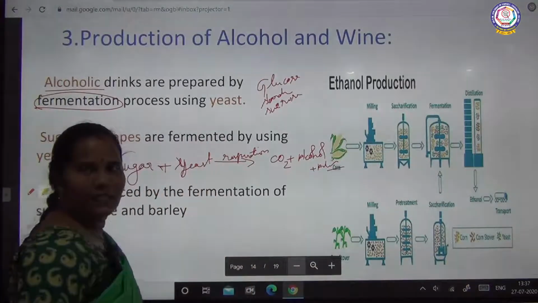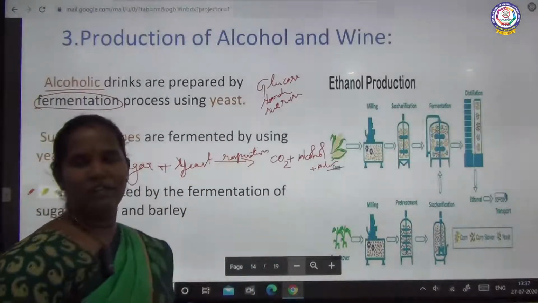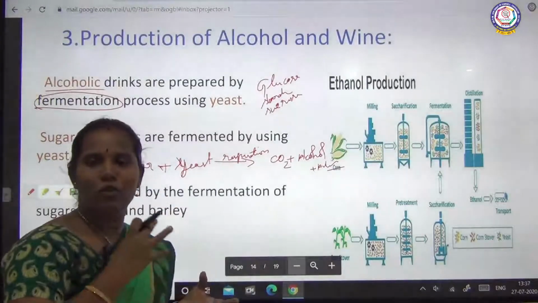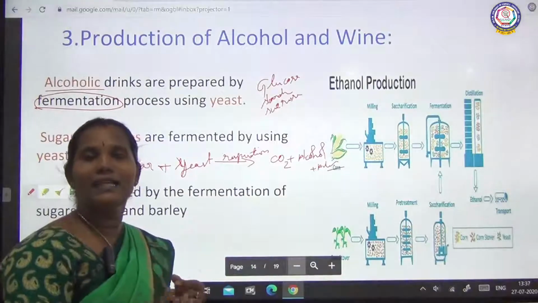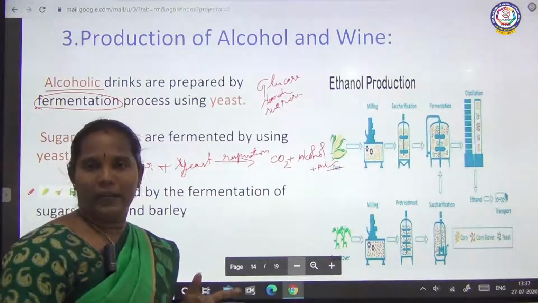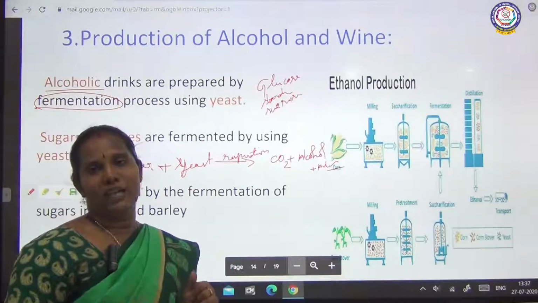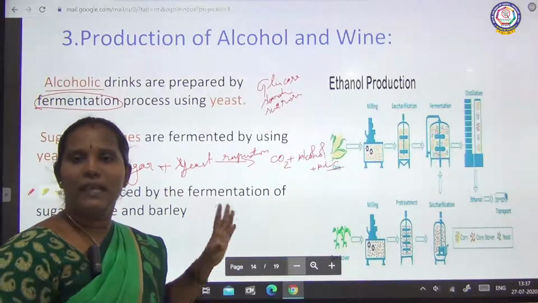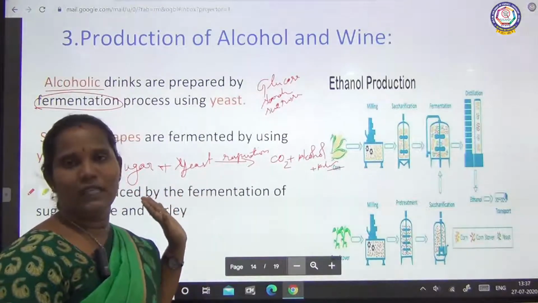So this process is called fermentation. Fermentation means the microbes get food from this sugar content, then they release alcohol, carbon dioxide, and aldehyde. So for wine preparation and alcohol preparation, the same fermentation process is used.